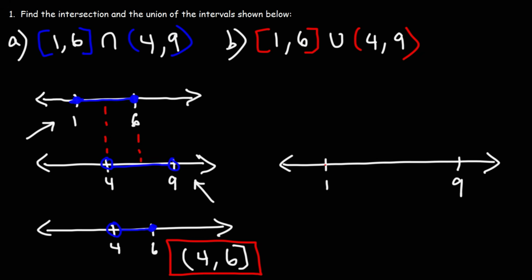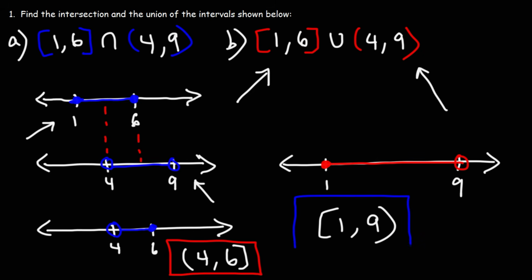Now we have a closed circle at 1 and an open circle at 9. So we can also just see it here. We're starting up at 1 and we're going to end at 9 with an open circle. So that's how we could find the union of two intervals.